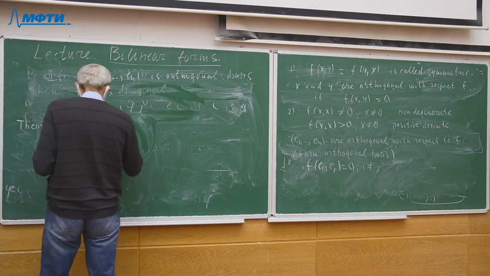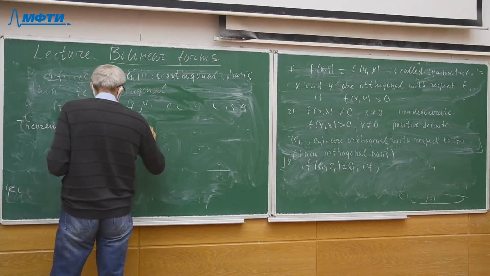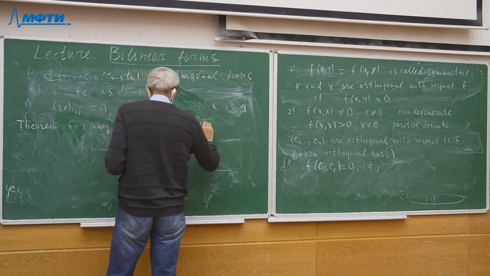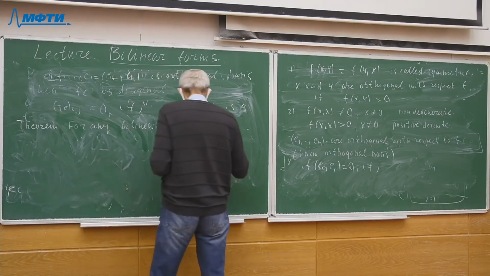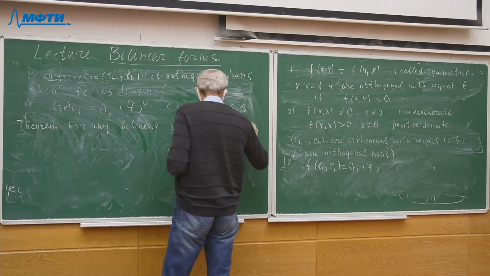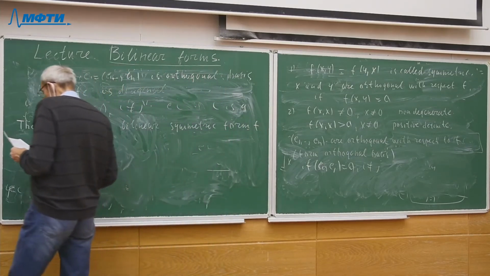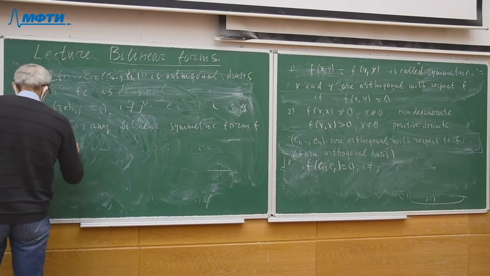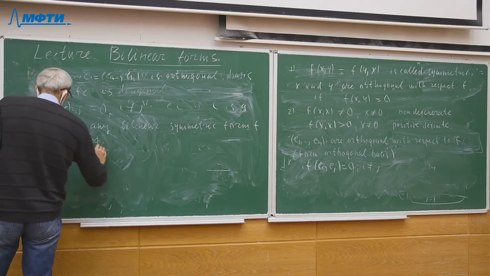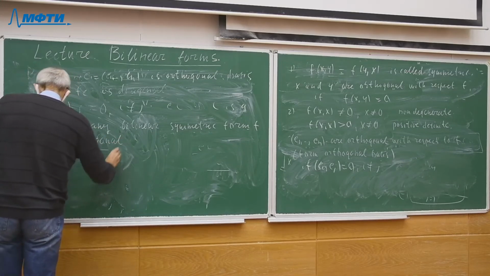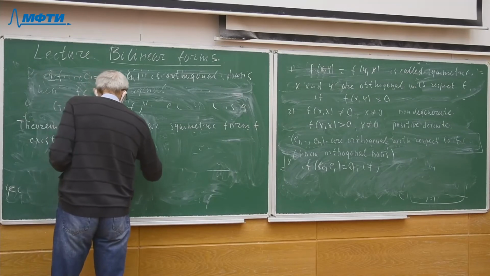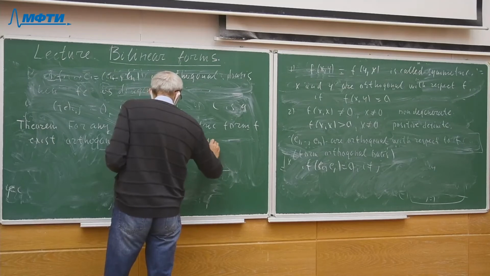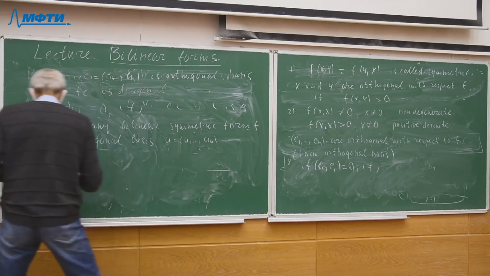And the main theorem. For any symmetric bilinear form F there exists an orthogonal basis u with respect to this form.